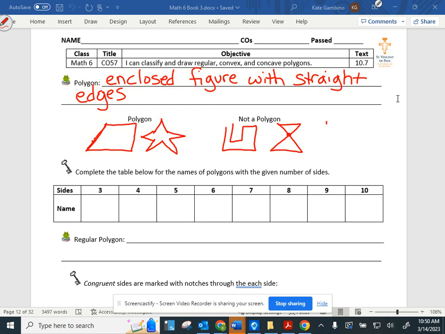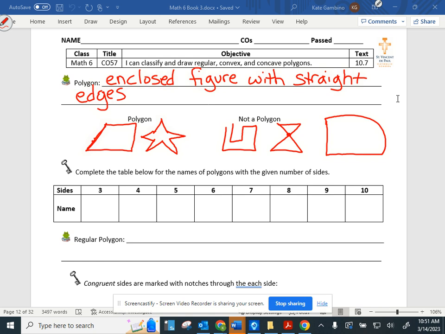Another example of not a polygon would be something like that. Why is that one not a polygon? Nolan? It's got a rounded side. They have to be straight sides in order to be a polygon. Straight sides, all enclosed, no openings, and we're not crossing over any of our sides.